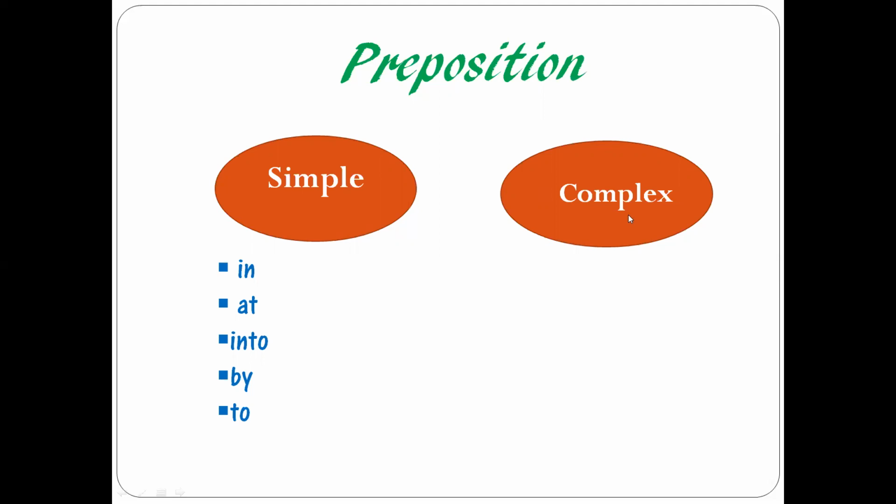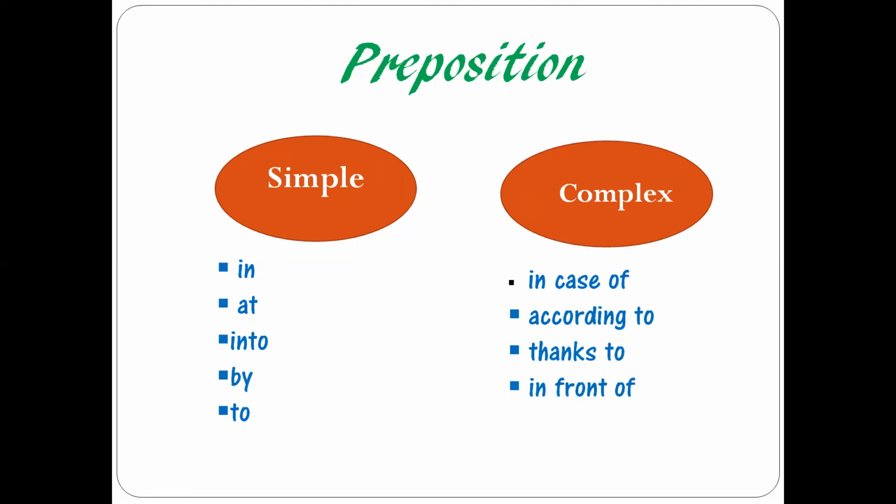Complex prepositions are those where we use a group of more than one word as a preposition, right? For example, in case of. So here we are using more than one word, and this is a group which we use together as a preposition: according to, thanks to, in front of, in charge of.